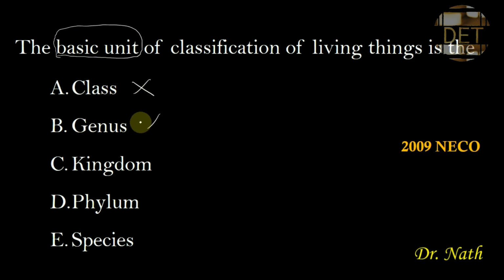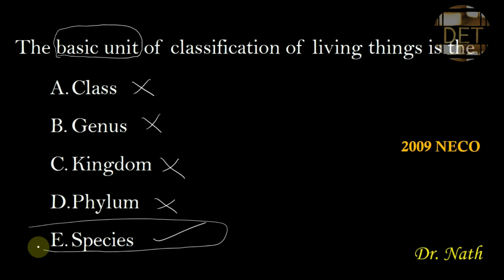No. Is it the genus? No. Is it the kingdom? No. Is it the phylum? No. Is it the species? Yes. The species is where we have the least, the smallest number of organisms. So the species is the basic unit of classification of living things.